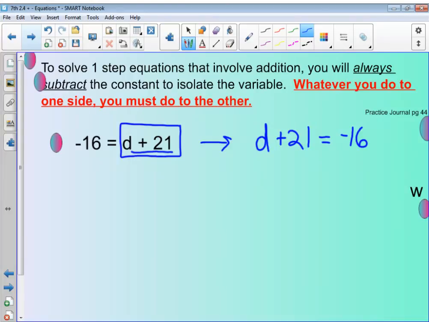I want you to work your way through this one and check to see what you get for a final answer. You can pause your video, work through it on your whiteboards, see what you get for D, and then check back by restarting the video.